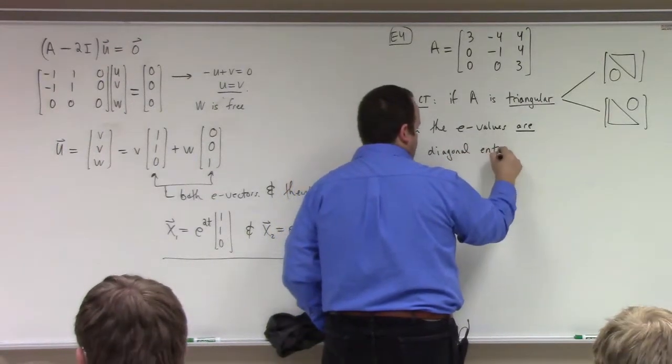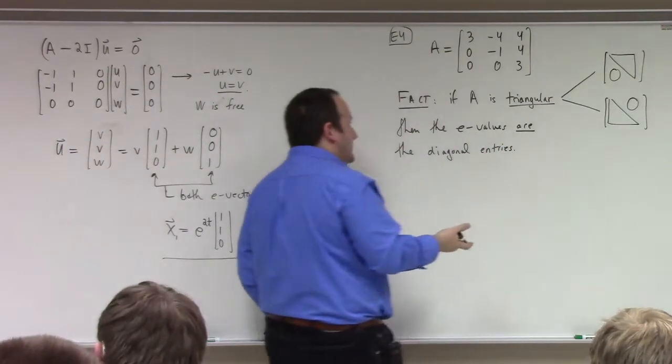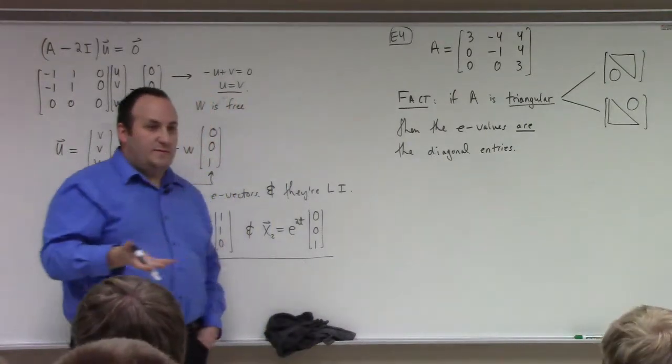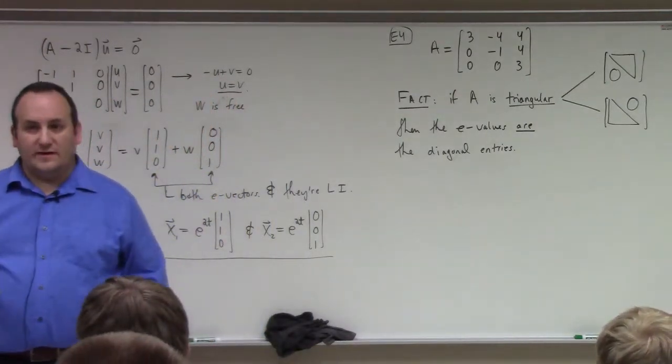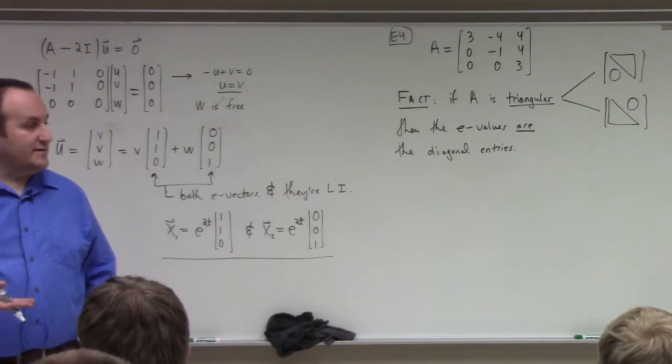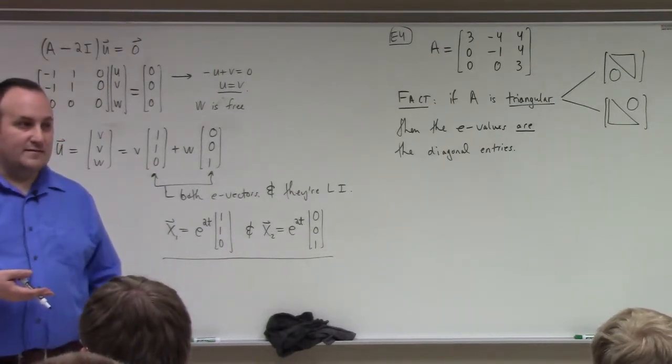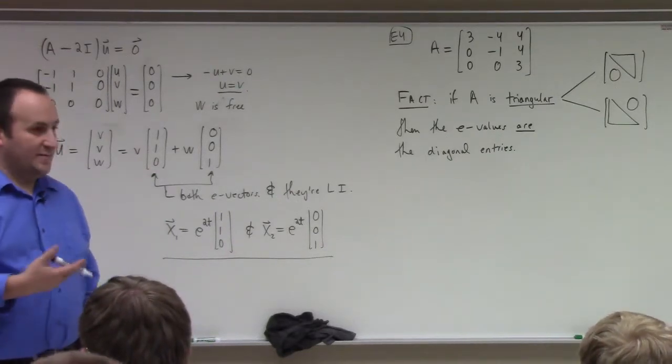Now, of course, if you didn't know this fact, it wouldn't be a big deal. When you calculate the determinant of A minus lambda I, you will get 3 minus lambda, minus 1 minus lambda, and 3 minus lambda.